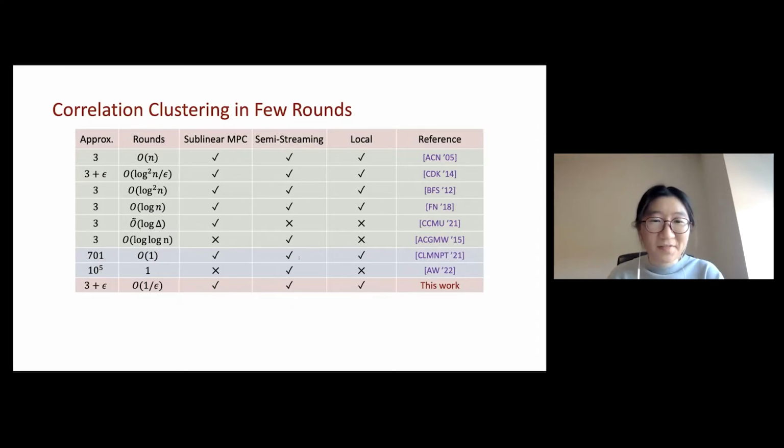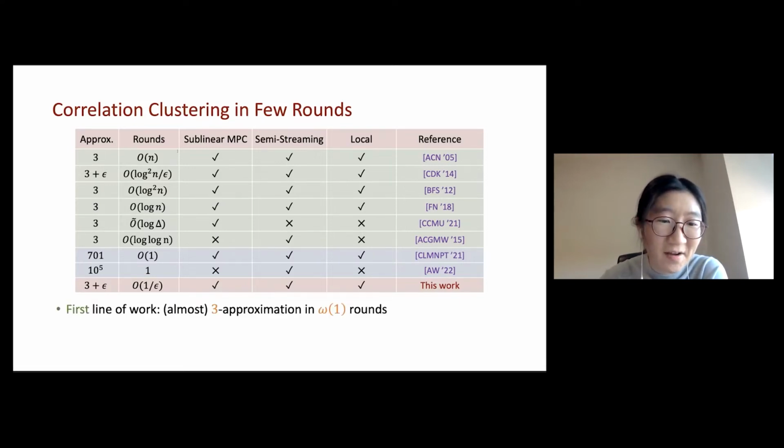At the top of this table, we have the PIVOT algorithm, and it's followed by this first line of work that focuses on parallelizing the PIVOT algorithm. In this line of work, they all maintain the almost 3-approximation guarantee, but those algorithms do run in super-constant many rounds.